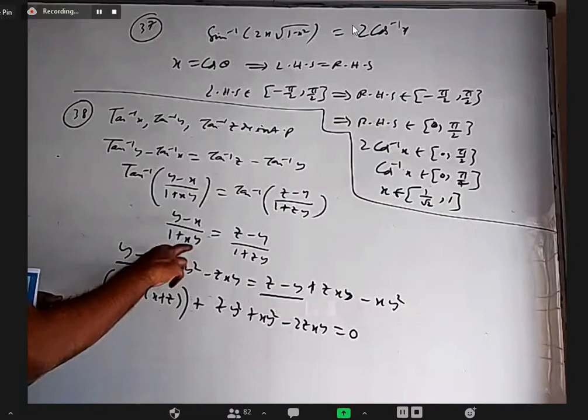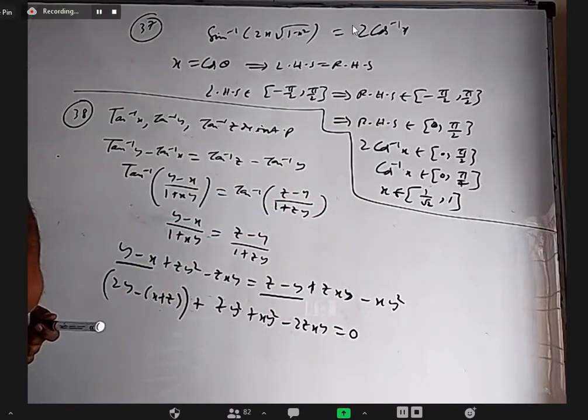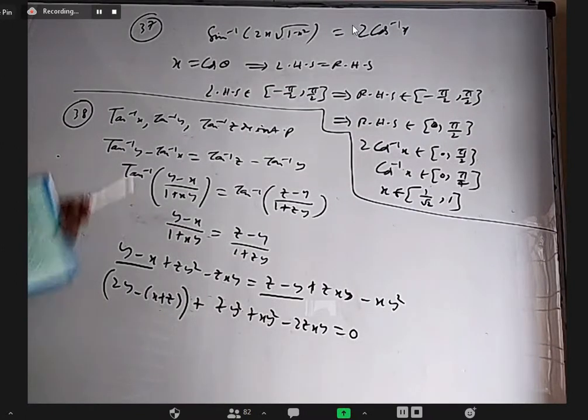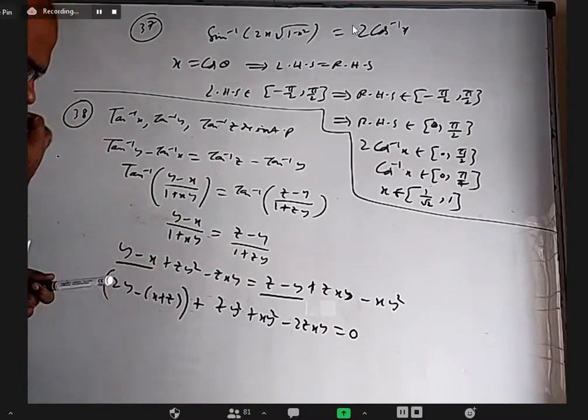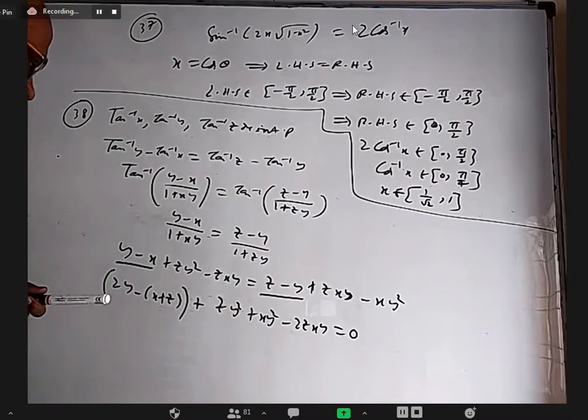If it is this, I would have got directly x equal to z, and then we can say they are all equal. Okay, so only the second one, tan inverse x, tan inverse y, tan inverse z are in AP. It doesn't give anything, I guess. I thought it would give GP or HP or one of them, but it is not.